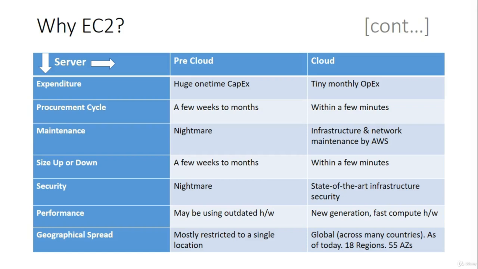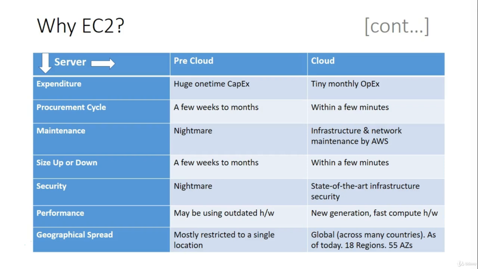Size up or size down, that is resizing. It could take a few weeks to a few months in pre-cloud. In cloud, it can be done within a few minutes, with the help of a few clicks. Security in pre-cloud was a nightmare. In cloud, you can experience state-of-the-art infrastructure security. Performance.